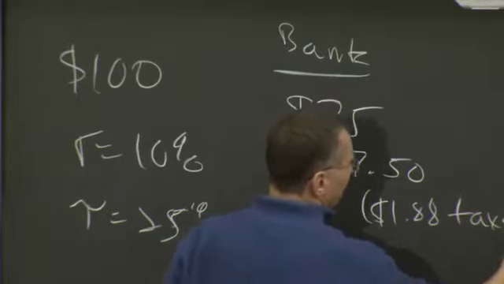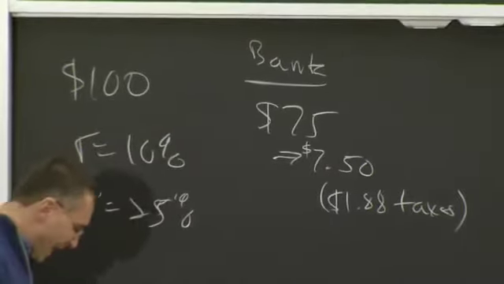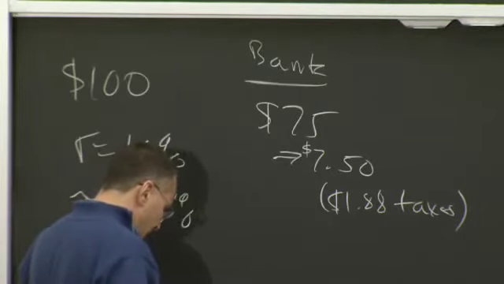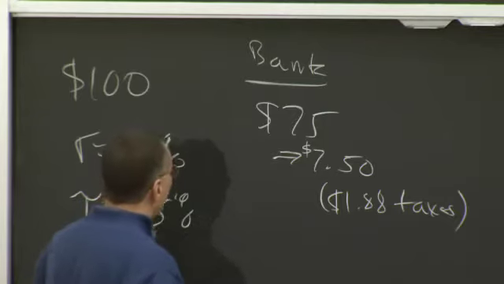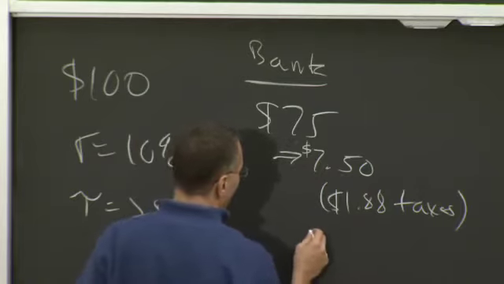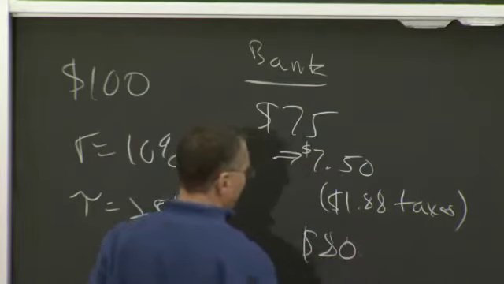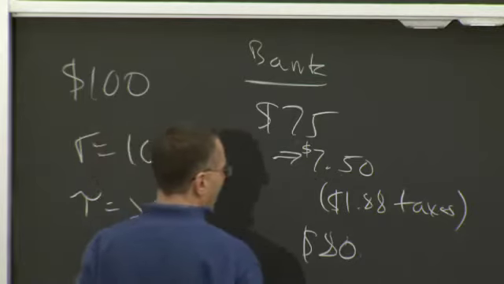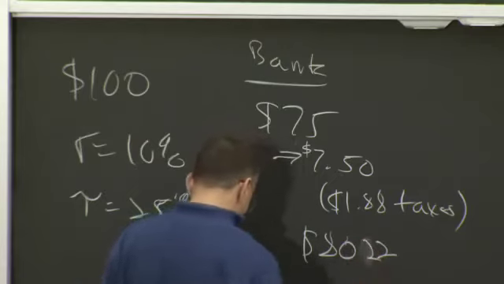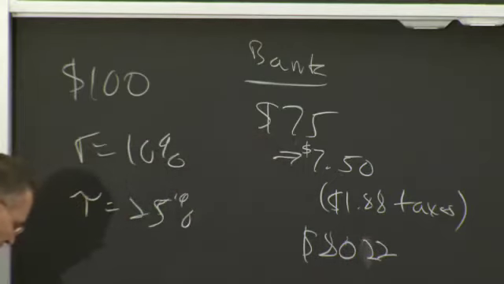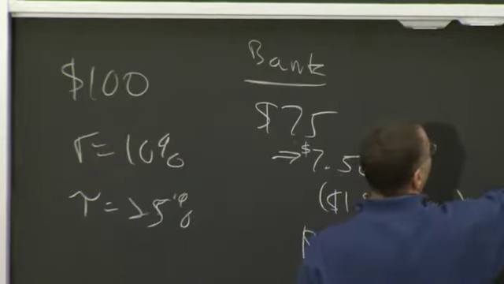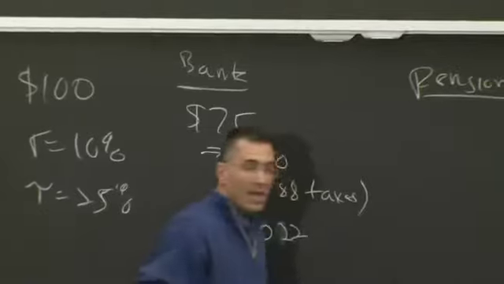So on net, he ends up with $75 plus $7.50 minus $1.88, which is $80.62. Is that right? $80.22. OK? So you end up with $80.22.